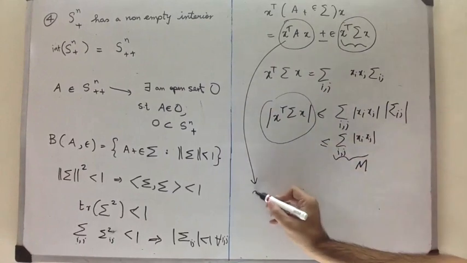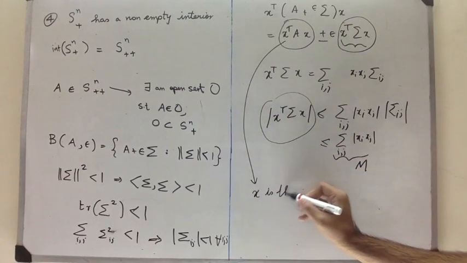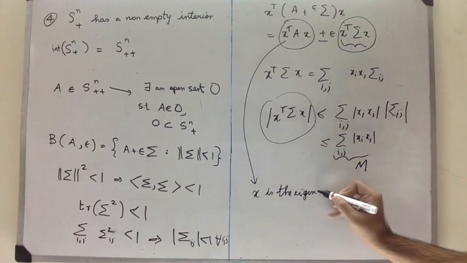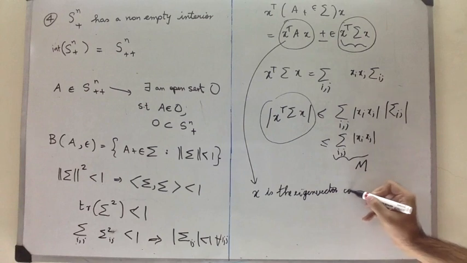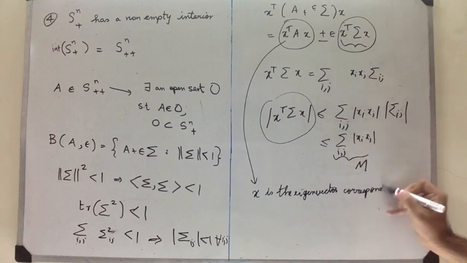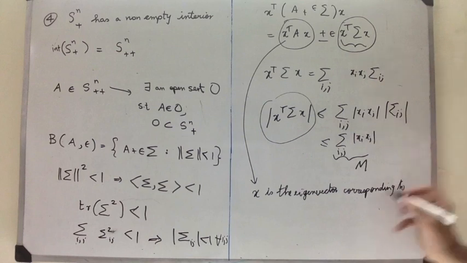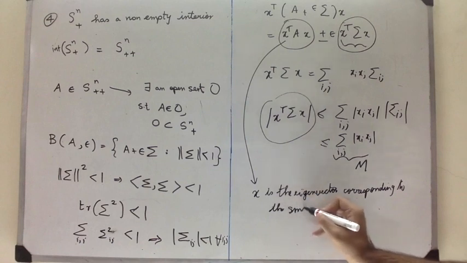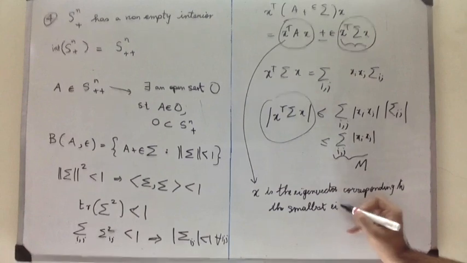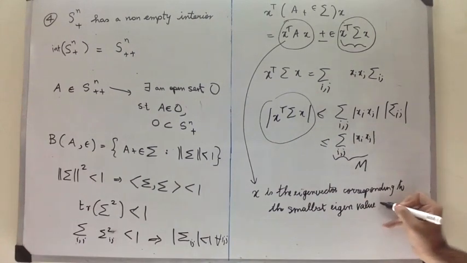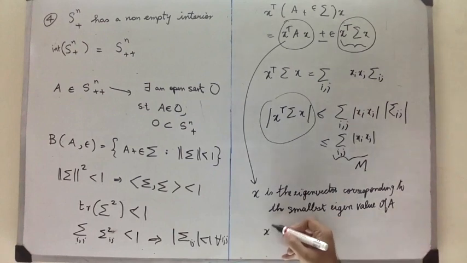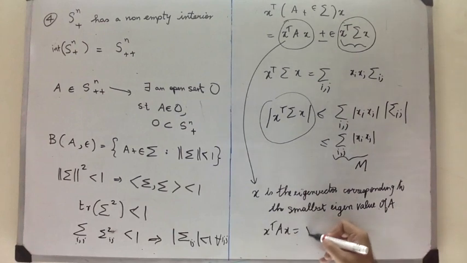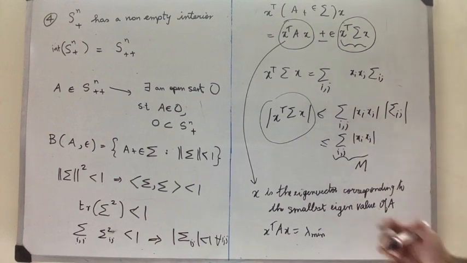If X is the normalized eigenvector corresponding to the smallest eigenvalue of A, then X transpose AX is simply lambda min.